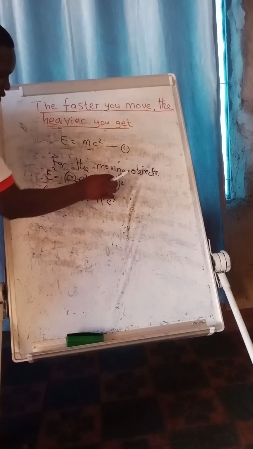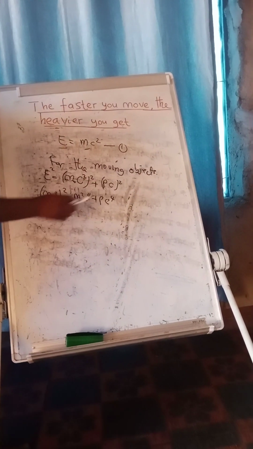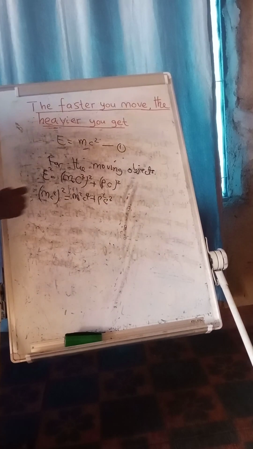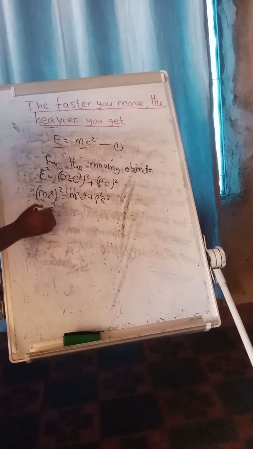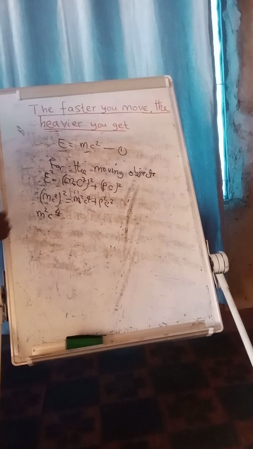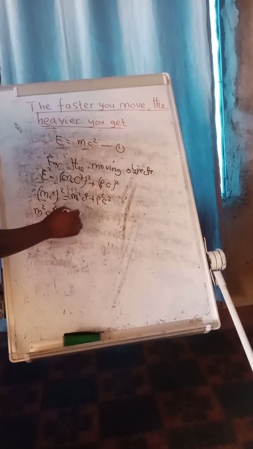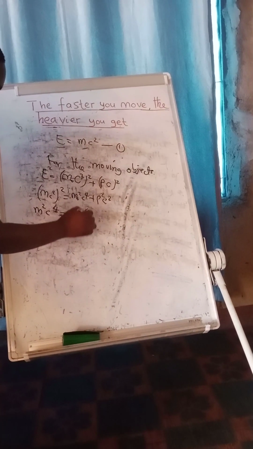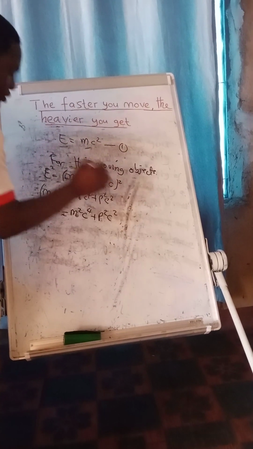Here the momentum times the speed of light gets squared, to be p square c square. Expanding, we have rest mass m naught square c to the power 4 plus the momentum of the moving object times the speed of light squared.